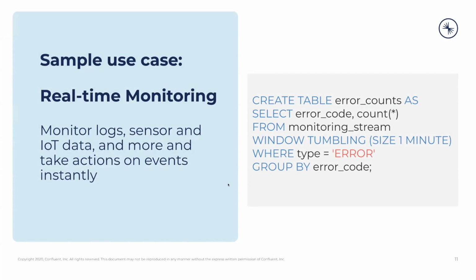And then we can do operational stuff, like if we wanted to count the number of errors in an application. Again, this is an aggregation using count. We have a number of other aggregations like sum, and we have a bunch of scalar functions. We also support user-defined functions and things like that. You can also do simple arithmetic in the stream.